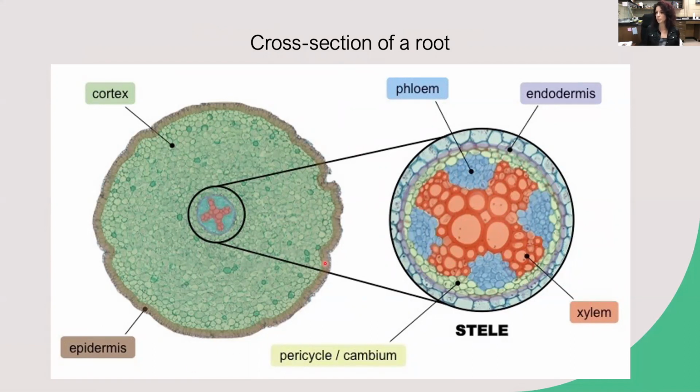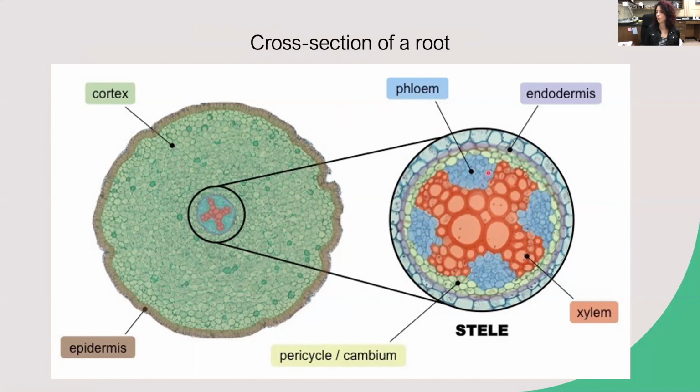We have the epidermis that coats the outside of the root system. In between the epidermis and the stele, we have what we call the cortex. And then we can zoom in on this centermost portion here called the stele. We have the outside that is lined again by another type of dermis, but this time it is the endodermis, because it's on the inside of the cortex.